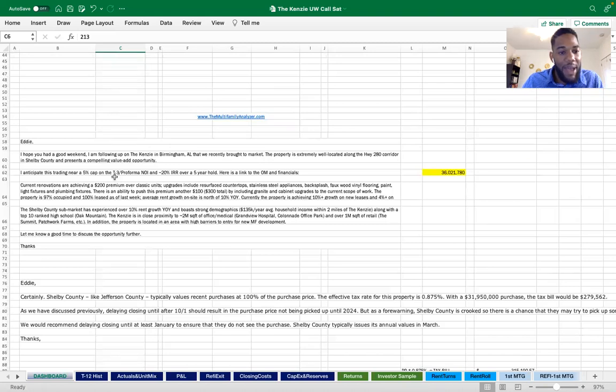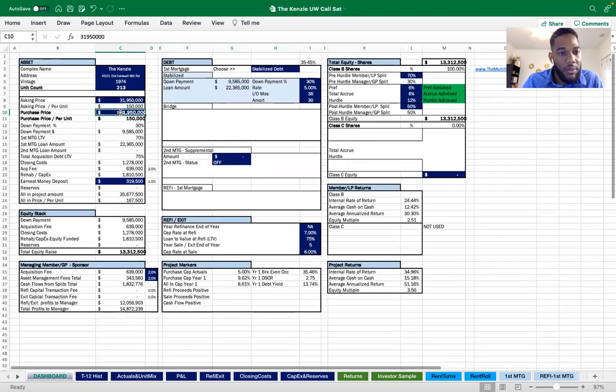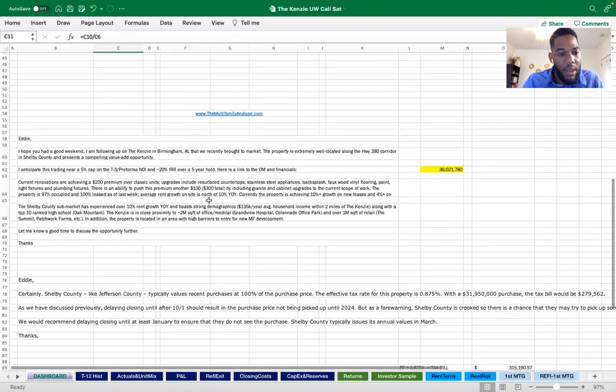So a 5 cap on the T3 pro forma would take us to 36 million. So this would be our purchase price. That's what they're saying it will trade at.